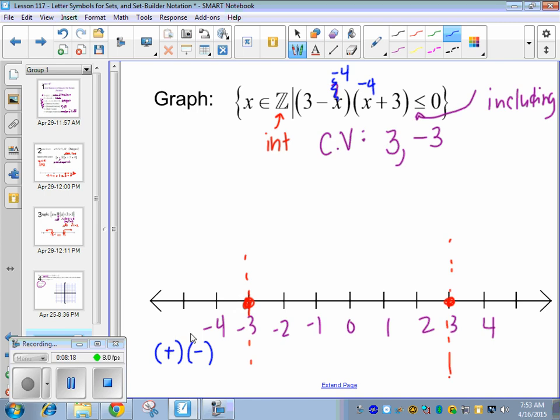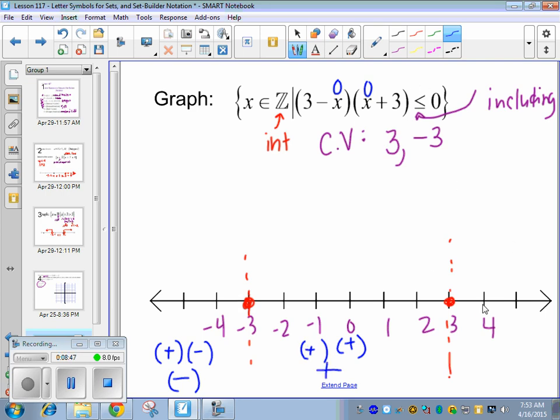What's a positive times a negative? A negative. All right, in the middle, we're going to plug in 0. You guys need to show this on the test for full credit. So we're going to plug 0 in, and we're going to plug 0 in. All you have to show is this part here, okay? So what's 3 minus 0? Positive or negative? Positive. What's 0 plus 3? Positive or negative? That would be positive. A positive times a positive is a positive.